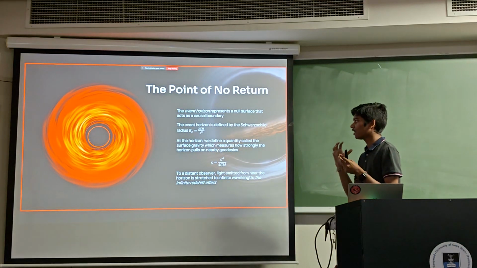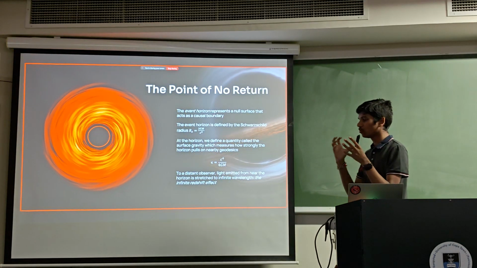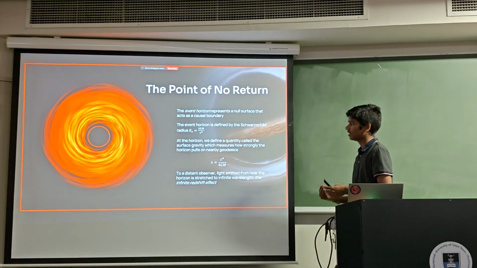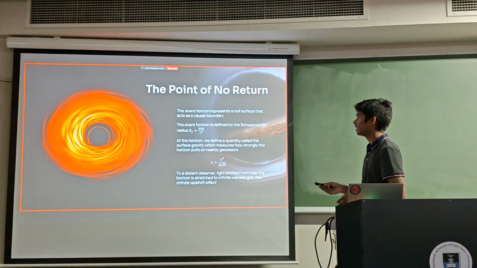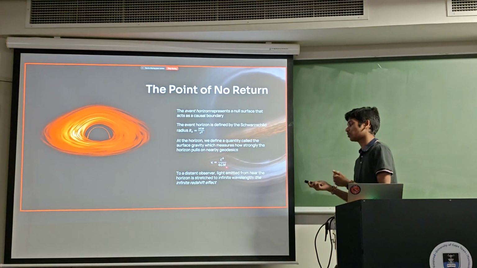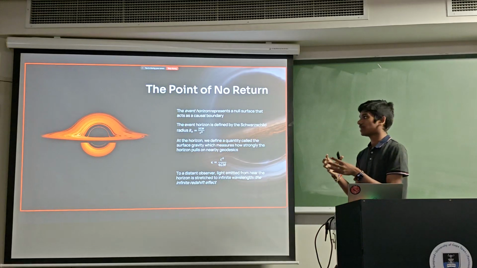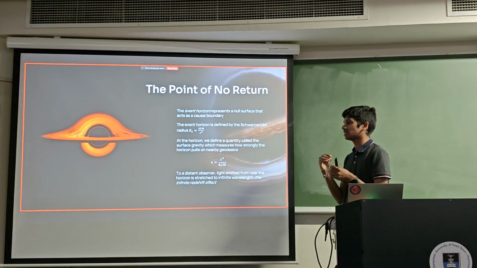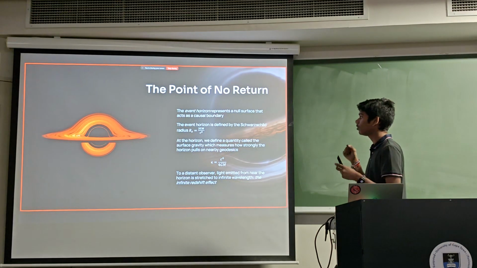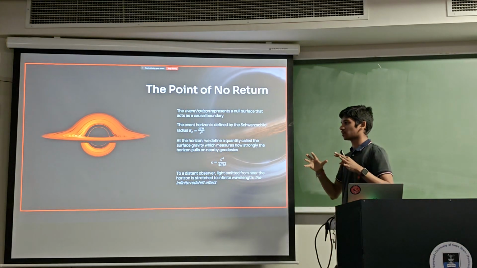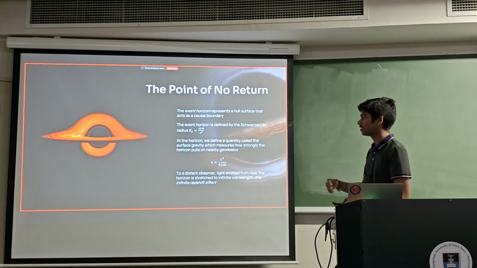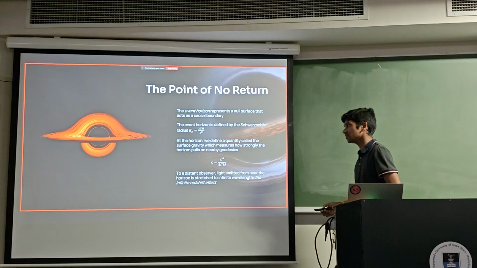This measures how strongly the horizon pulls the nearby space-time, and hence the nearby geodesics. It is inversely proportional to mass, which means smaller black holes will curve space-time a lot more and pull a lot more, but larger black holes will have gentler, softer event horizons.